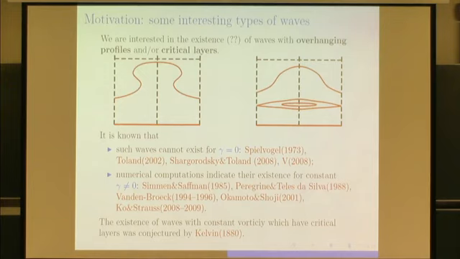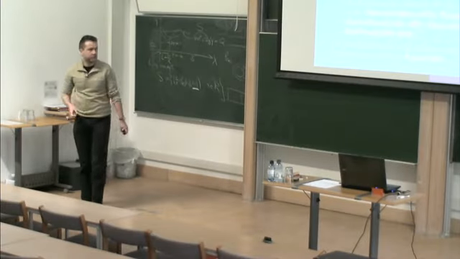So these are very classical problems, going back a long time ago. For existence theory for this kind of waves, especially in the case when gamma is 0, which is called the irrotational case, but also for waves with general vorticity, the approach is always to reformulate the problem over a fixed domain, and then use nonlinear functional analysis and bifurcation theory to construct solutions.